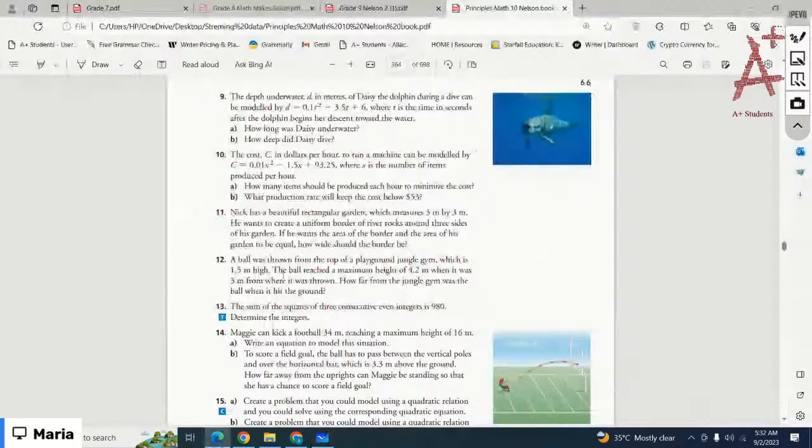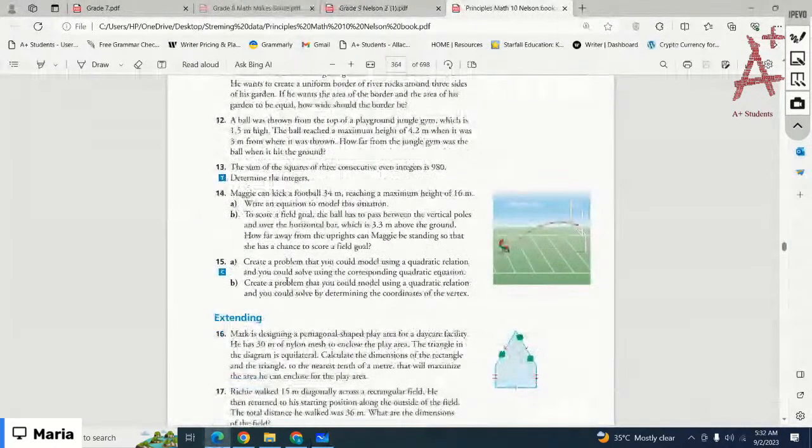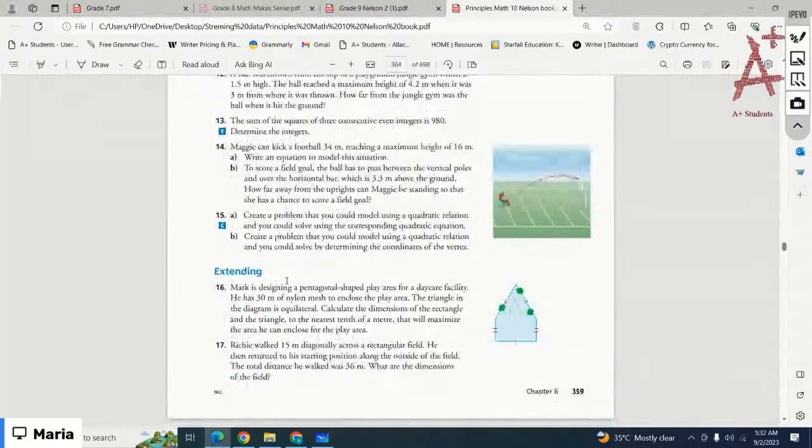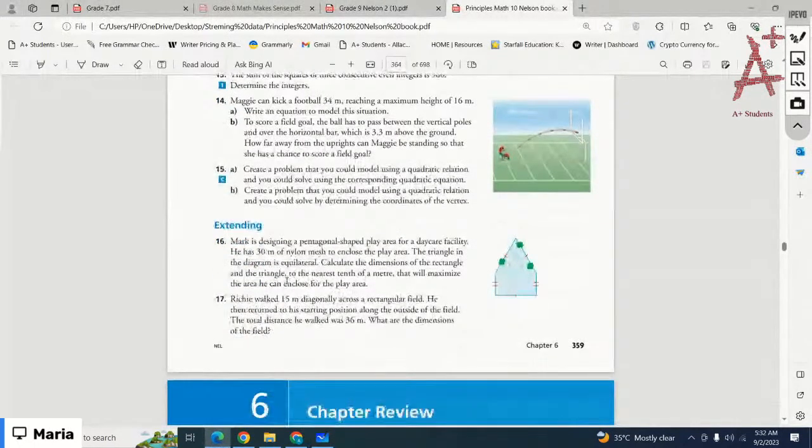Okay, let's just start with question number 16. Okay, Mark is designing a pentagonal shaped play area for a daycare facility.